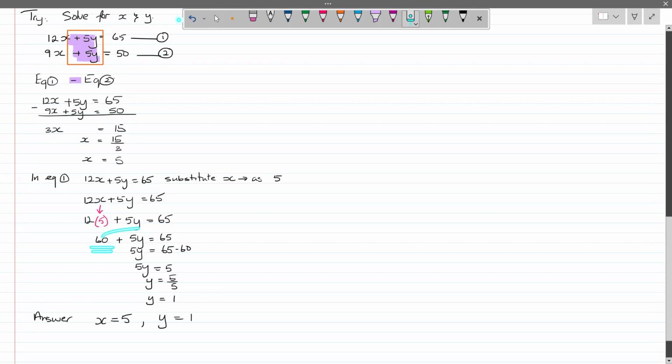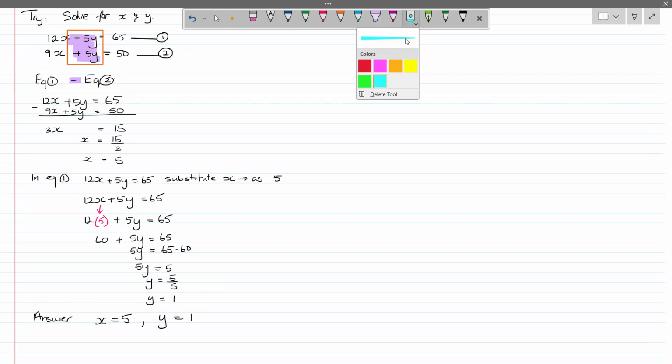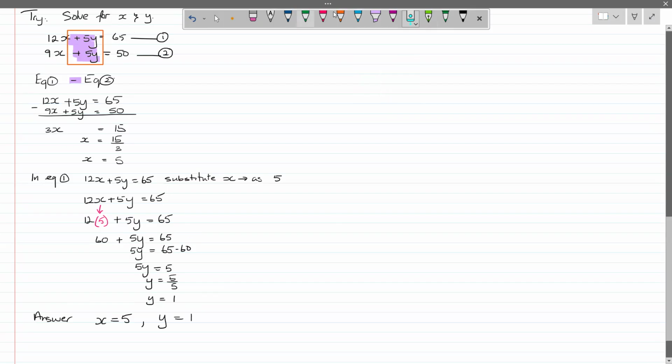And then I can move this 60 over my equal sign. I get 5y is equal to 65 minus 60, which will give me 5y is equal to 5. Then when I move this other 5 here, I'll get 5 divided by 5, which will give me 1. Everybody okay with that? So our answers are x is equal to 5 and y is equal to 1.